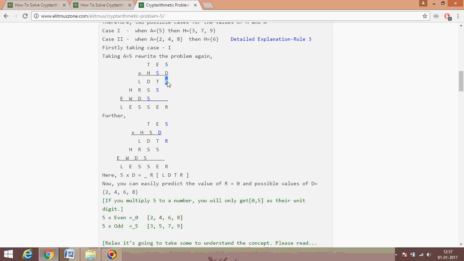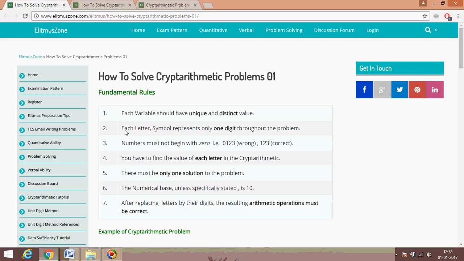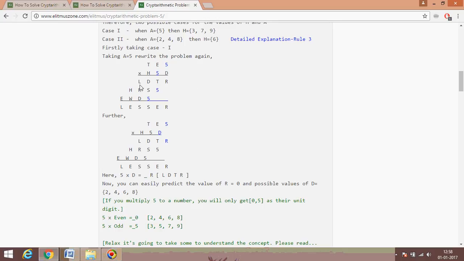So the possible value of R will be 0 only in this case.